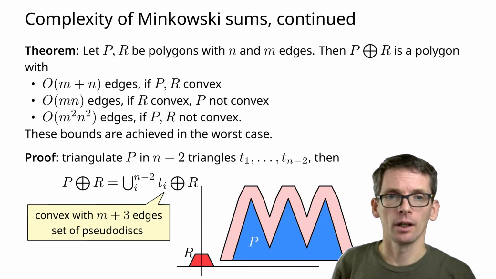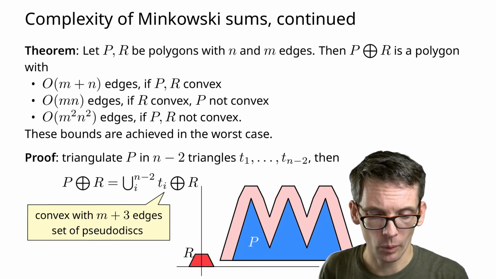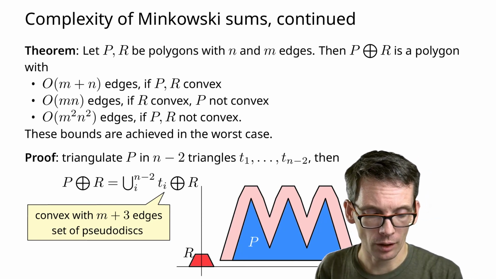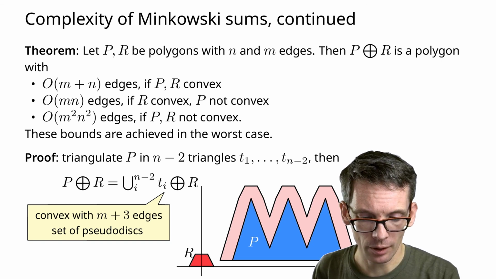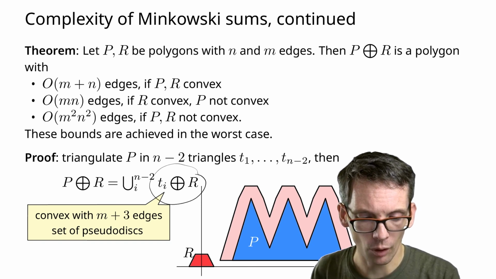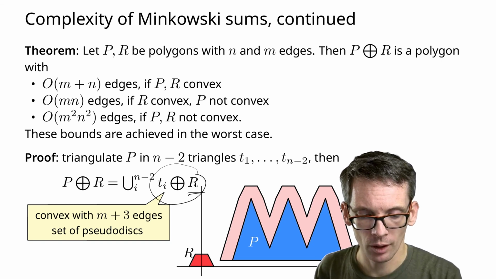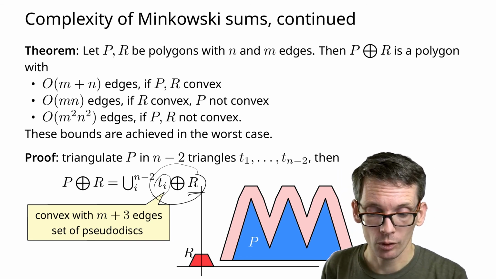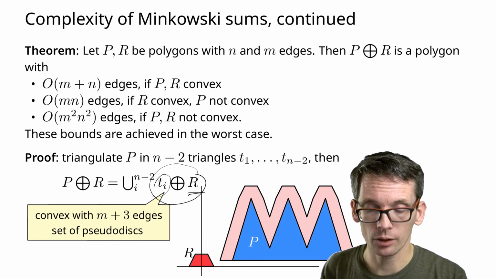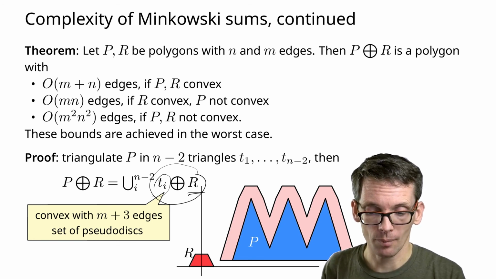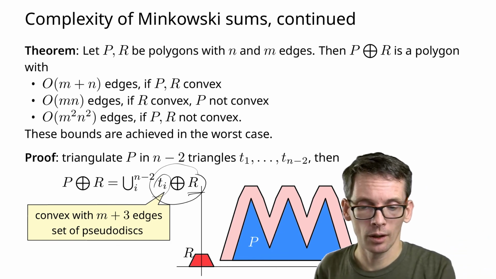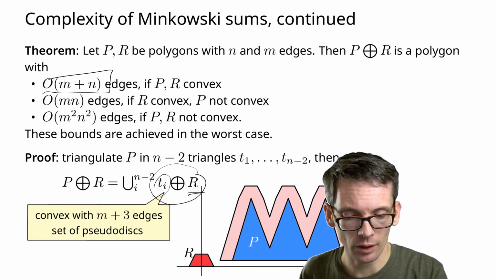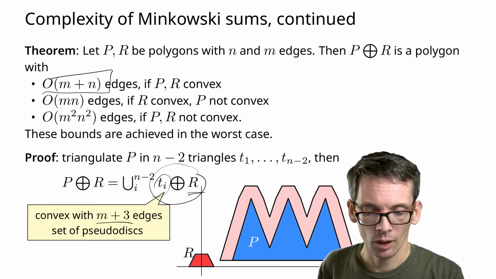And that is then also the way that we get an upper bound of m times n by taking the Minkowski sum of R, which is convex, with each of the triangles and taking the union of that. The triangles have constant complexity. R has complexity m now. So the sum, using the m plus n, gives us m plus 3 for each. We have a linear number of triangles that gives us m times n.